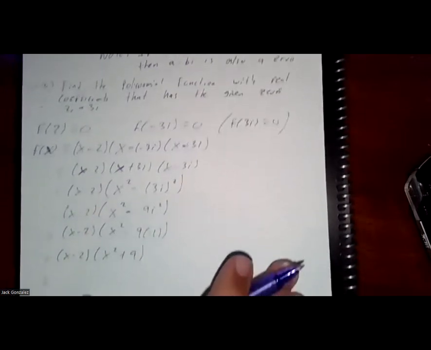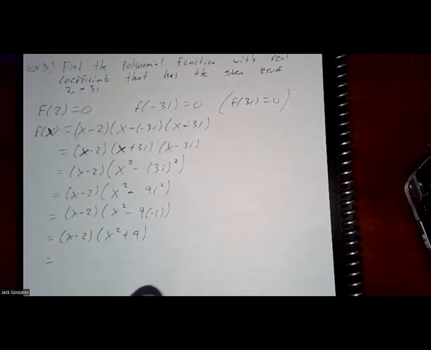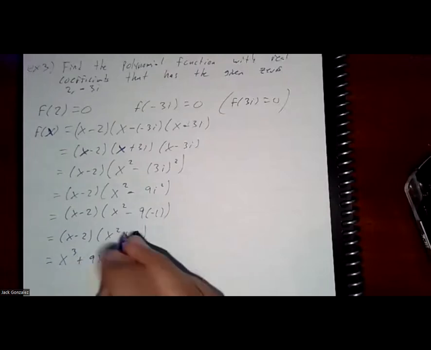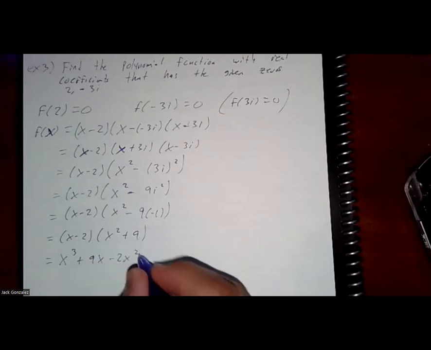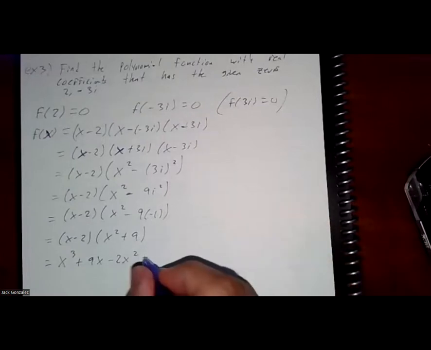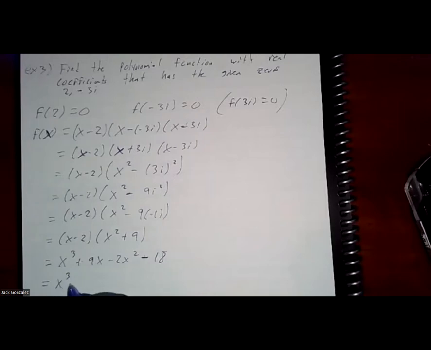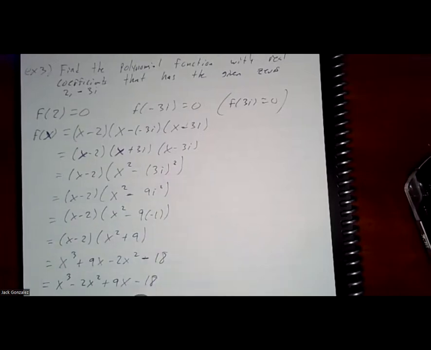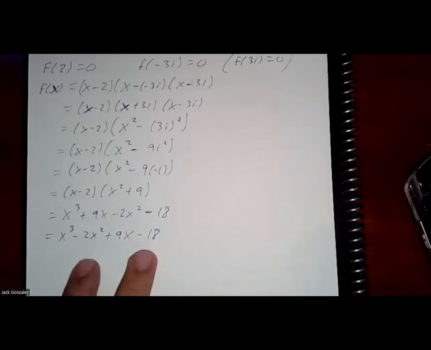No more imaginary pieces. So multiply this out, so that'll be x cubed plus 9x minus 2x squared minus 18. So this is the function that they want. Nothing but real numbers.